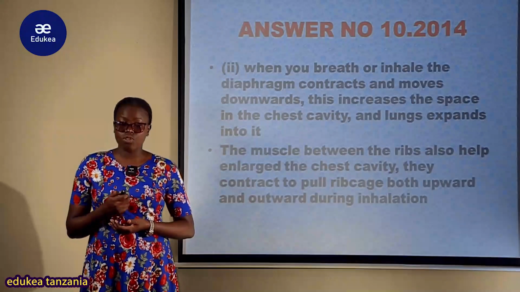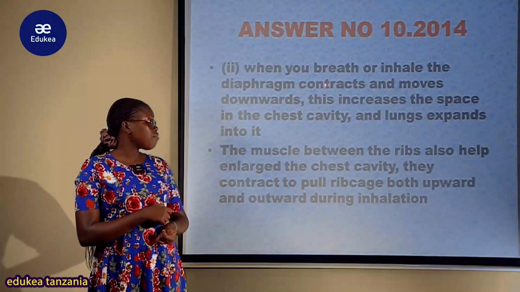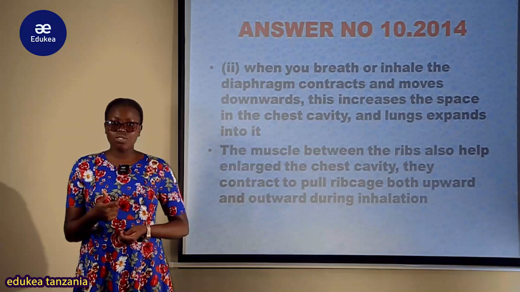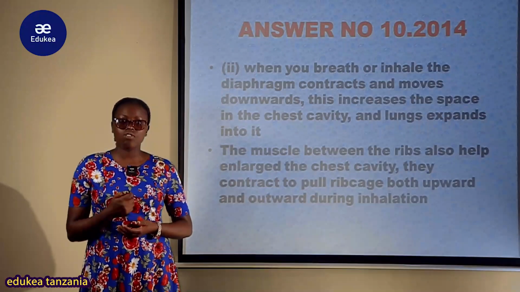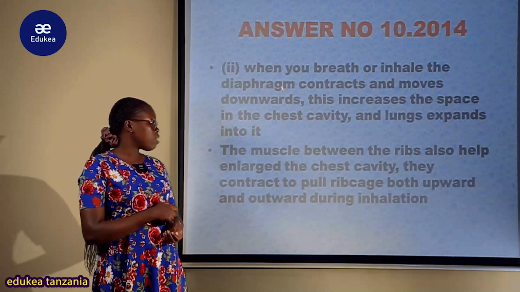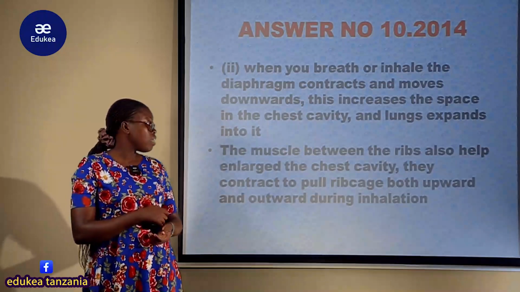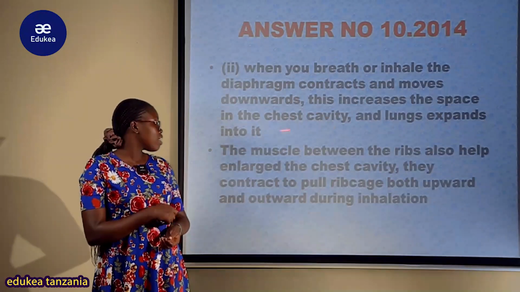When you breathe or inhale, the diaphragm contracts and moves downward. Once you take in air, oxygen, into the body, the diaphragm contracts and moves downward, and this increases the space in the chest cavity and the lungs expand into it.